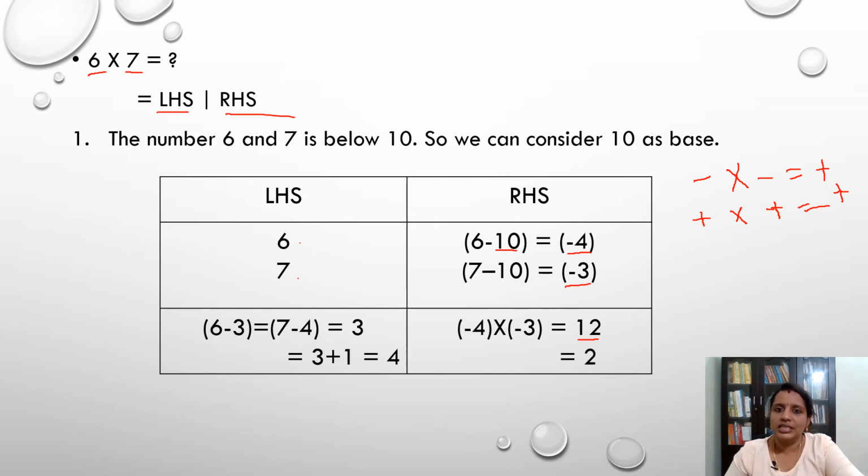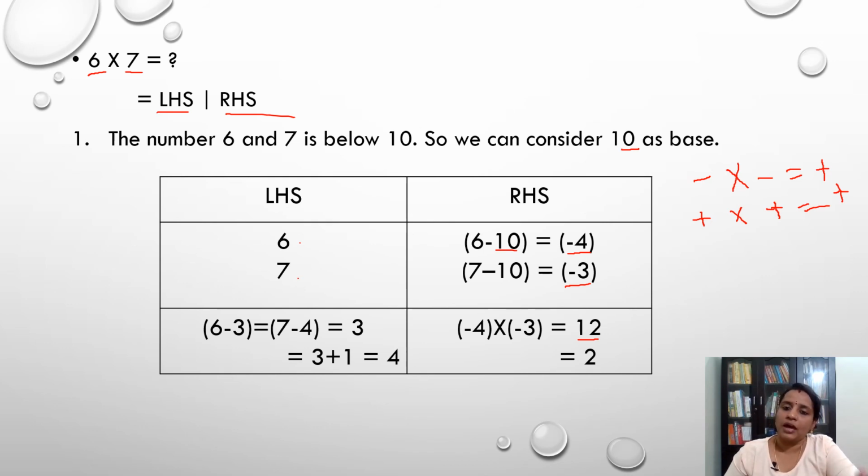The number of digits in the RHS always depends on the number of zeros in the base. If I have 1 zero in the base, then the number of digits in my RHS is 1. If I have 2 zeros in the base, my RHS will have 2 digits. If I have 3 zeros, 3 digits.